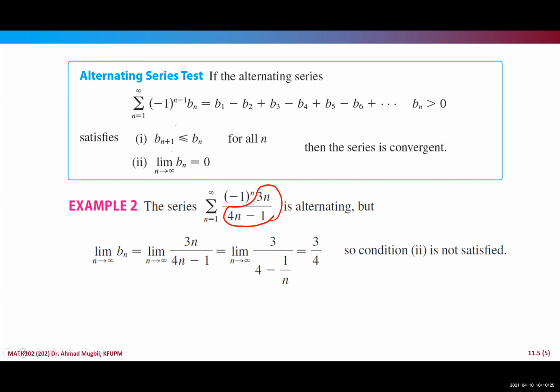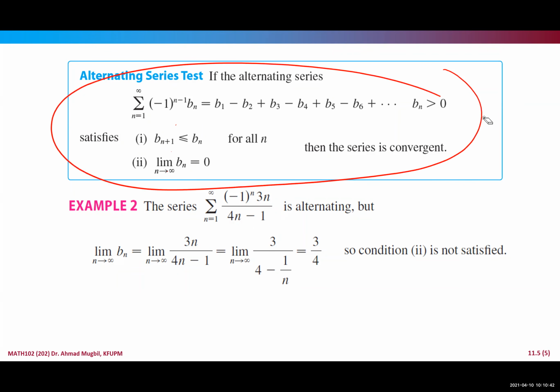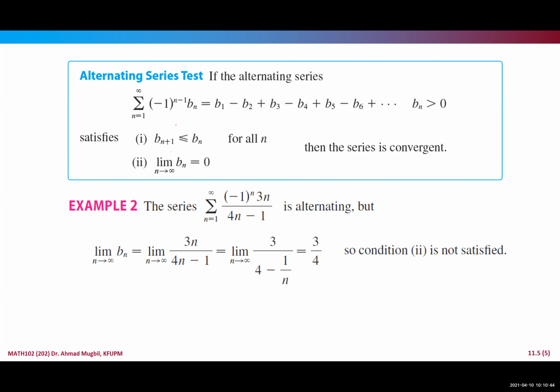But here, ya shabab, clearly you can use another test for divergence. I'm sure you are saying now that it is divergent because the limit of Bn is not 0. But of course, this test doesn't say that. It says that if these two conditions are satisfied, then this is convergent.